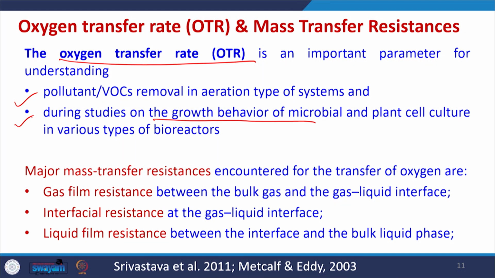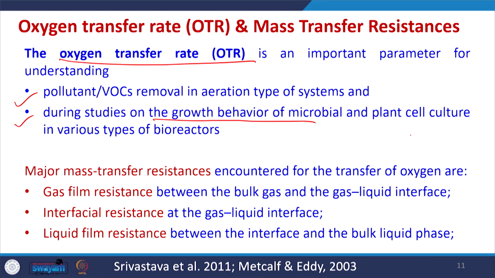There are various mass transfer resistances which are encountered during the transfer of oxygen from the air or gas phase into the liquid phase. So, we have gas film resistances, interfacial resistances and then liquid film resistances.